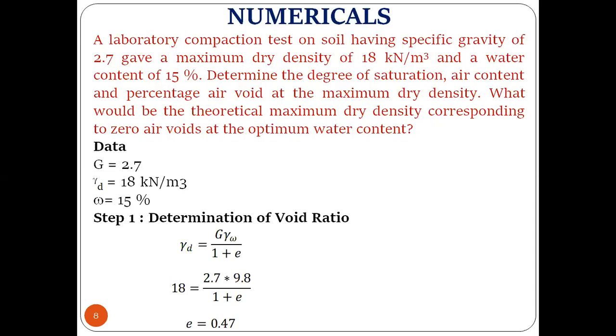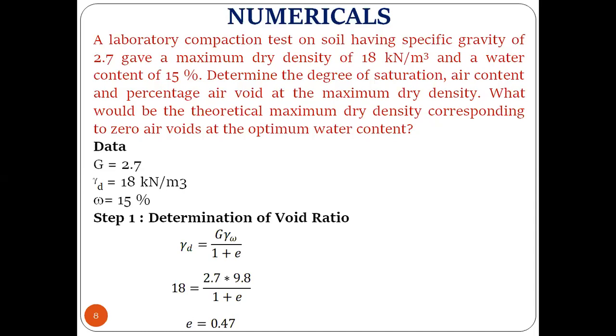What is the formula to find out void ratio? Here, what are the data they given? G is given, gamma D is given, and W is given. In this thing, what you have to do is you have to take the formula gamma D is equal to G gamma W divided by 1 plus E. So here E is there, all other data we will be knowing, right? Gamma W is what? It is 9.8, right?